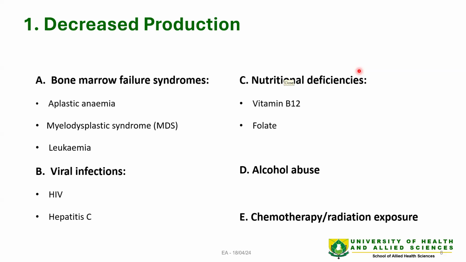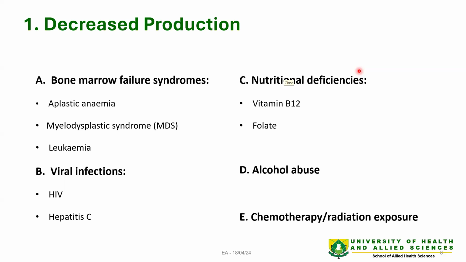Then you have leukemia. So leukemia is when you have a malignant transformation of blood cells. But sometimes some of these malignant cells end up suppressing other cells which might not have been affected by the mutation. And so that can also cause suppression of platelet production.